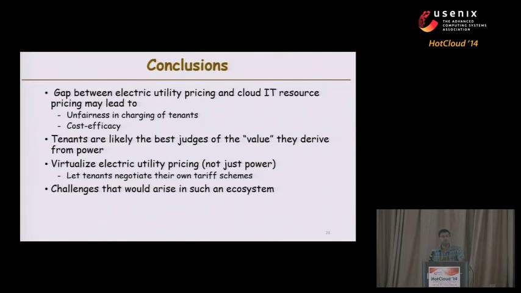I argued that tenants are likely to be the best judges of the value they derive from power, which might motivate us to consider not just virtualizing power as has been done in the recent past, but virtualizing even the pricing scheme, and perhaps more. And I quickly described some challenges that would arise in such an ecosystem, the kinds of problems that one would want to solve. With that, I'm happy to take any questions.